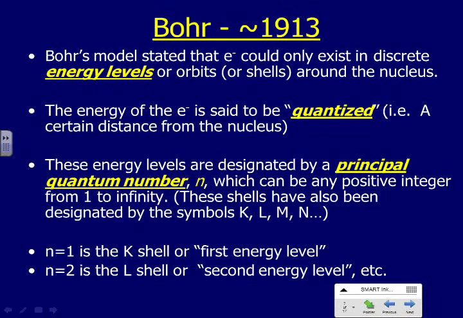In other words, the electron can exist here, or it can exist here in the next shell, but it can't exist in between. There's only discrete places that it can exist. And that's where our energy levels come from. So all Bohr did was apply this idea of little chunks to the energy found in an atom.